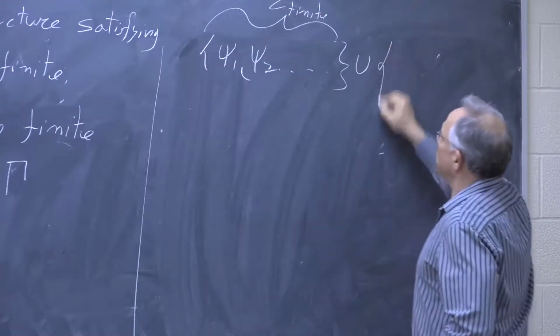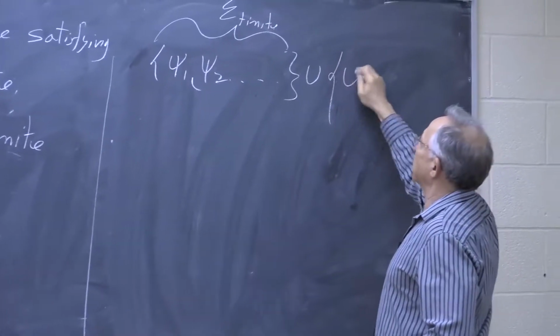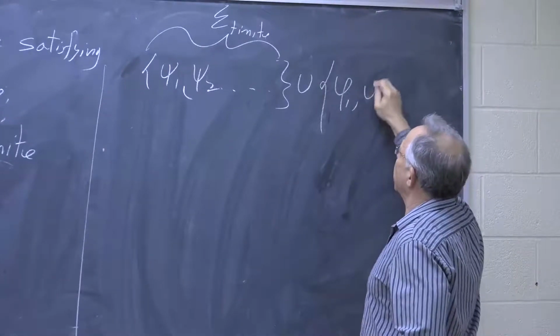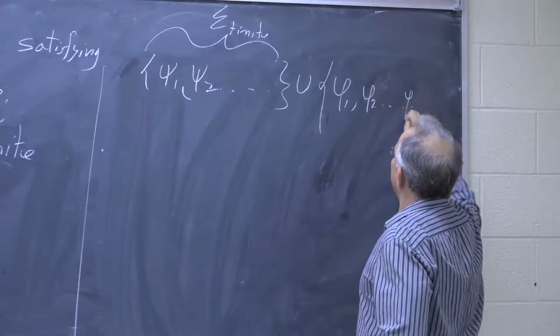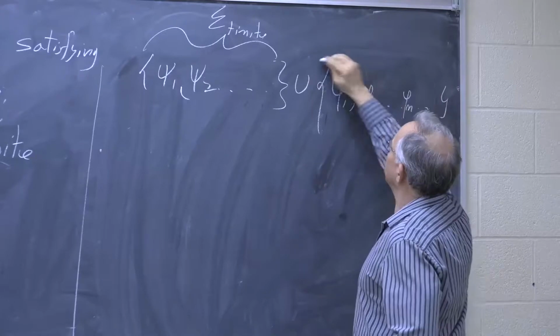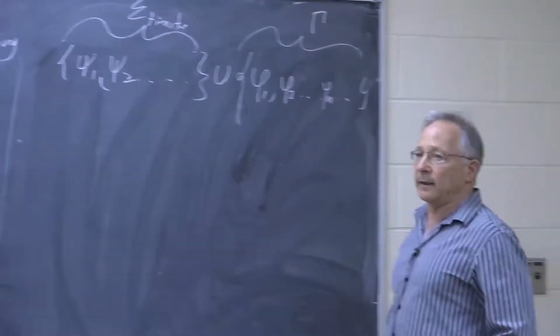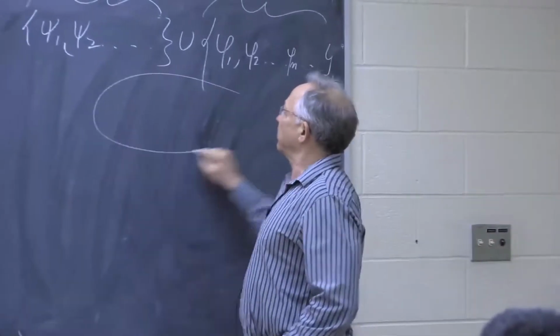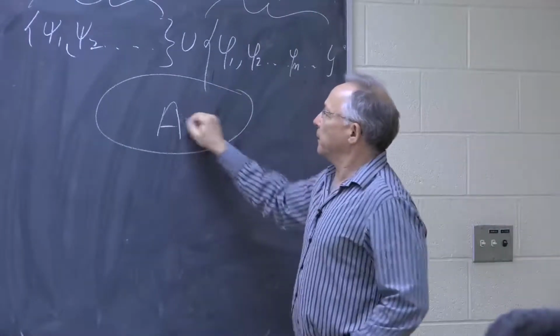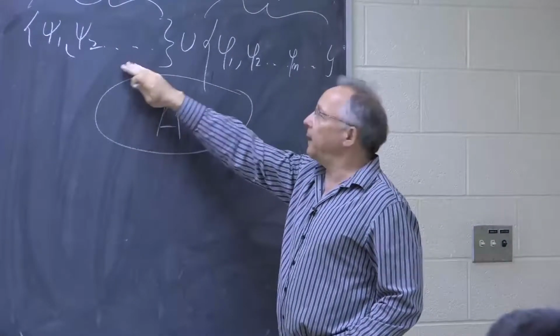And then I take a union with this set gamma, phi 1, phi 2, phi n, and so on. This is gamma. Now I take an A, which is a finite subset of the union. So A takes some of these and some of these.